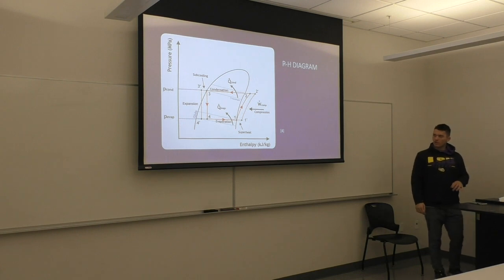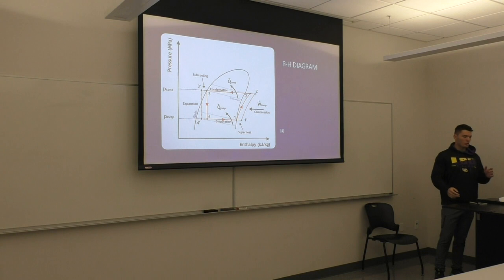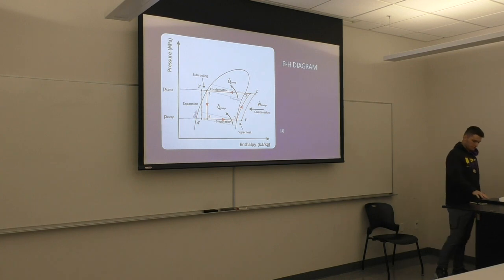Then 3 to 4 is expansion, so enthalpy stays the same and pressure decreases. And then from 4 to 1 is the evaporation. When it returns to state number 1, heat is put into the system, and then it'll start the cycle again after that.